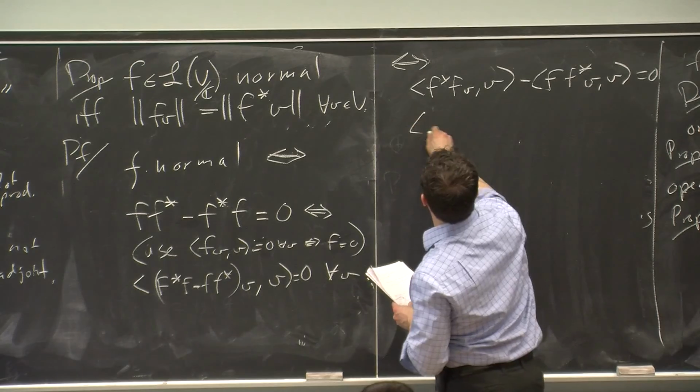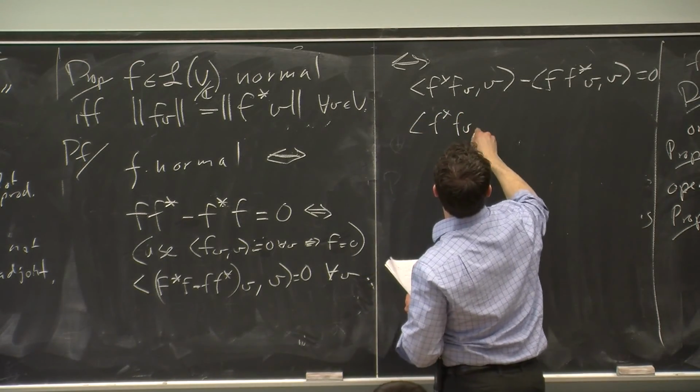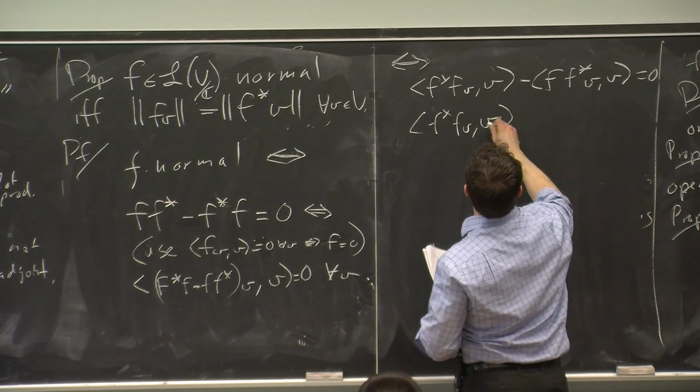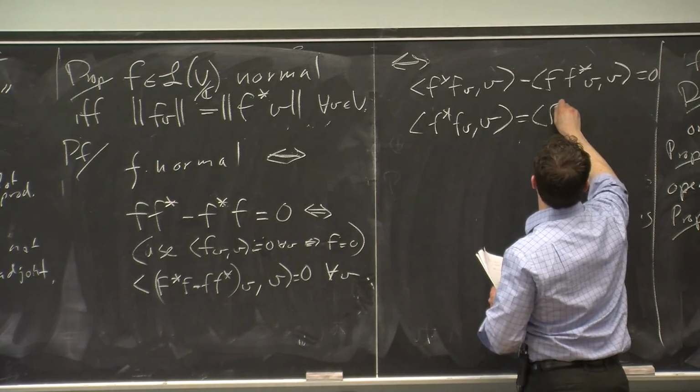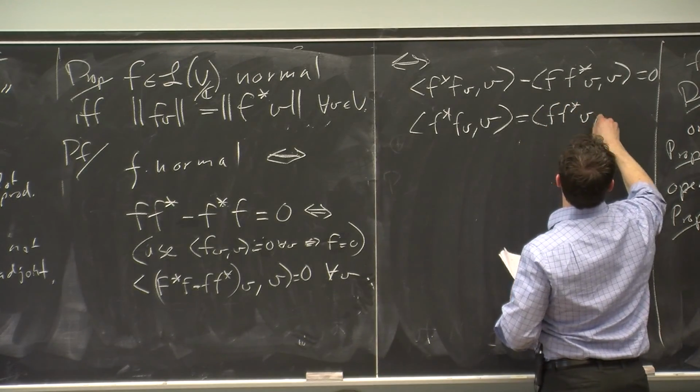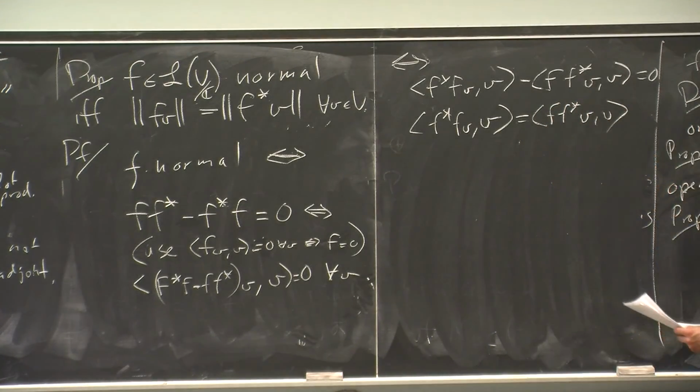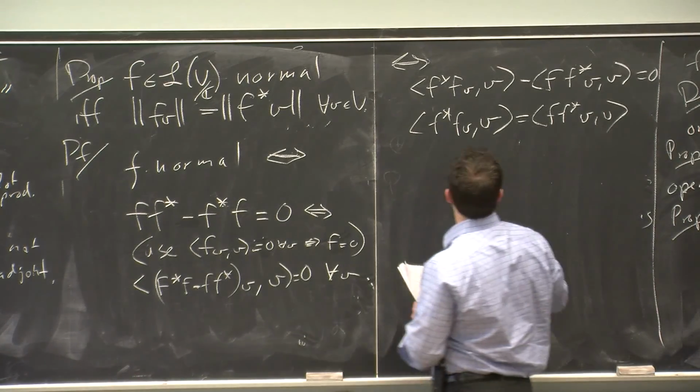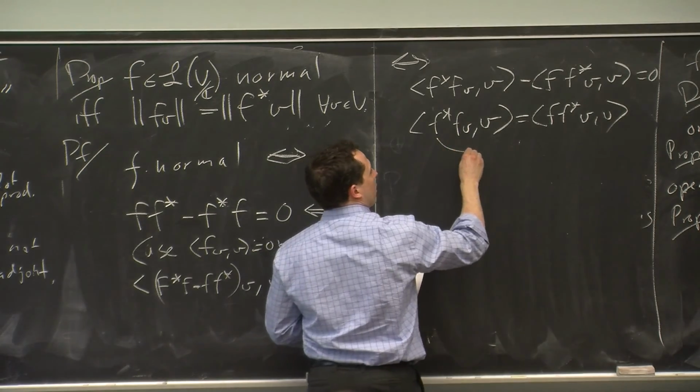And I can, of course, change that minus to an equals. Get rid of the 0. So now we're starting to look something like a norm.